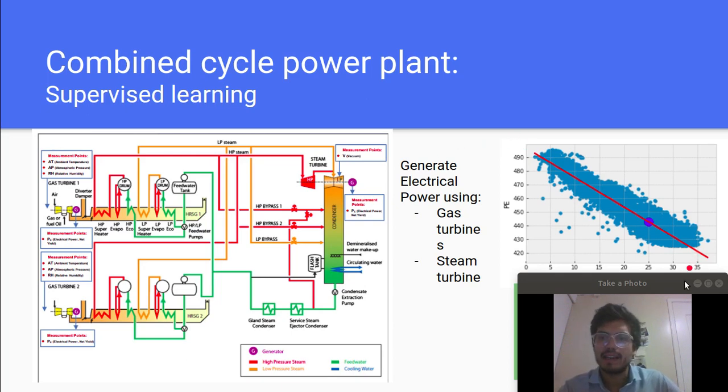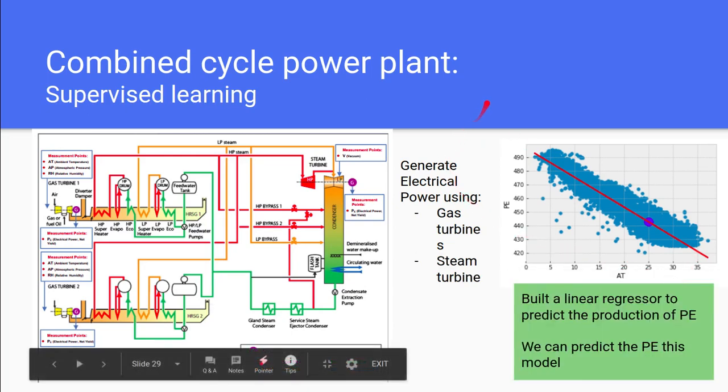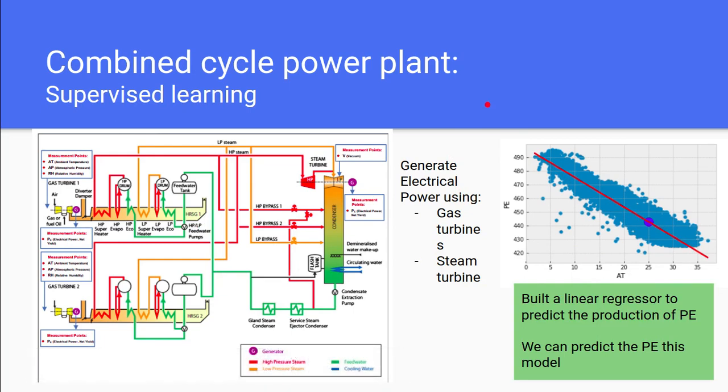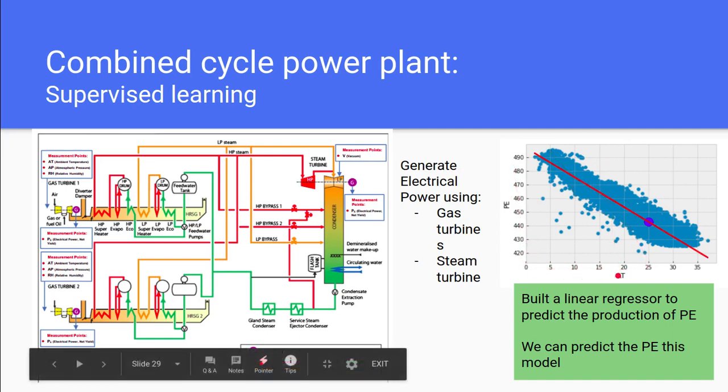So basically the idea of all this work was to try to predict the electric power generation using some of these four variables. Okay, so now from our first analysis we saw that we have a very high correlation between the ambient temperature and the electric power generation.